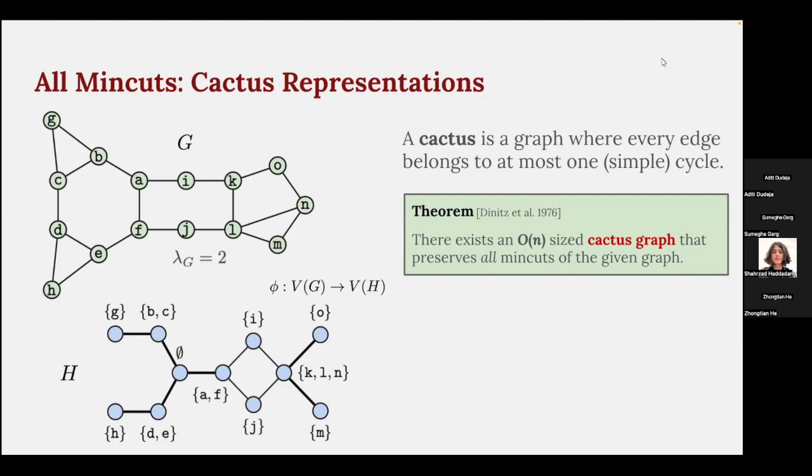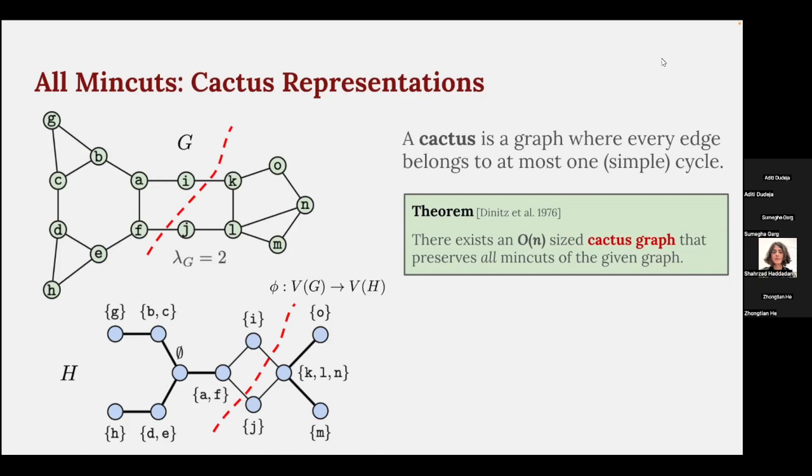There exists a cactus graph H along with a mapping phi from the vertex set in G to the vertex set in H, such that for any Mincut in G, if you use phi to map all the vertices on one side to vertices in H, it also corresponds to a Mincut, and vice versa.